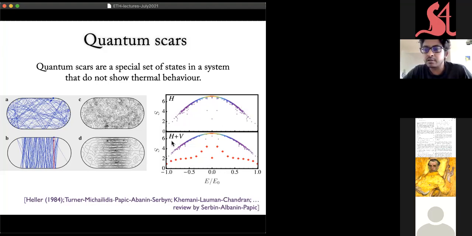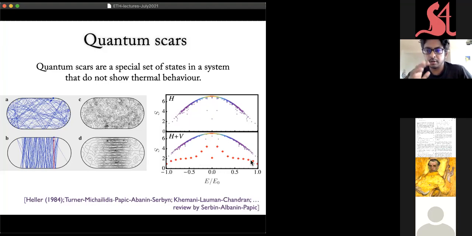But you can add some potential and design it in such a way that there will be some special states whose entanglement entropy is going to be much lesser than most of the excited states. So these are these red dots over here. These special states are called quantum scars.